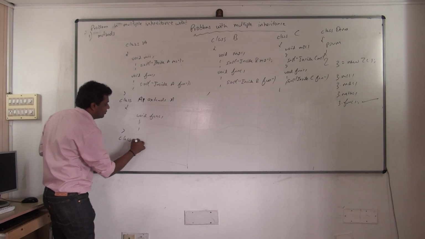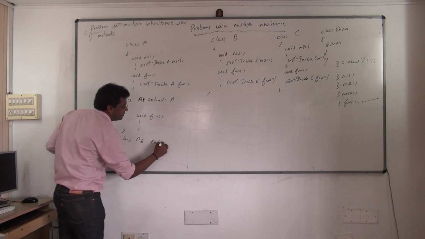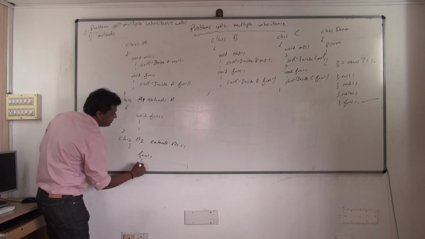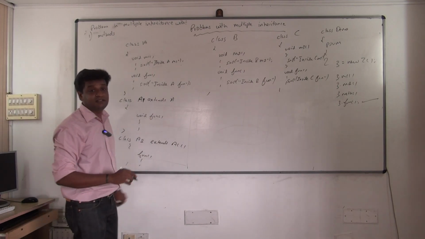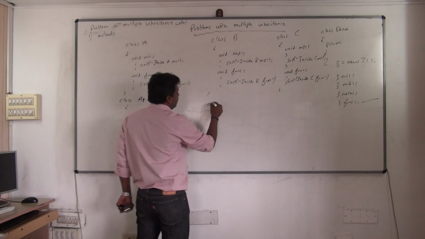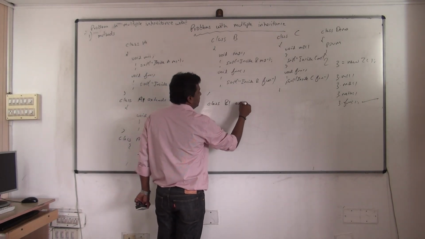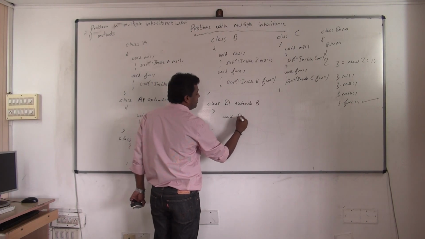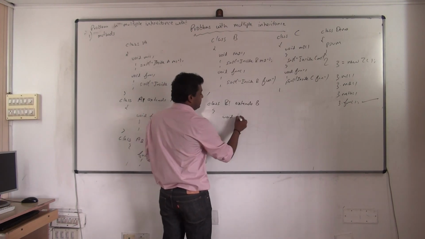Supposing I have class A2, which is again extending A1. So totally in A's hierarchy there are 3 fun methods. Next, in the same way, class B1 extends B. You will override fun here also.